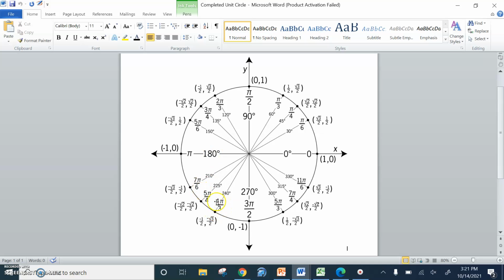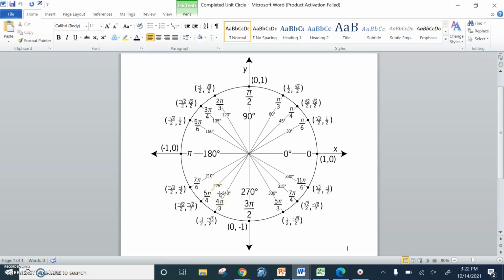Like here, I've got another 30, 60, 90 triangle. I'm going to draw a line from 240 degrees. I'm going to draw that straight up to here. And now I have back here a 60-degree reference angle. And then from here around, I've got 30.